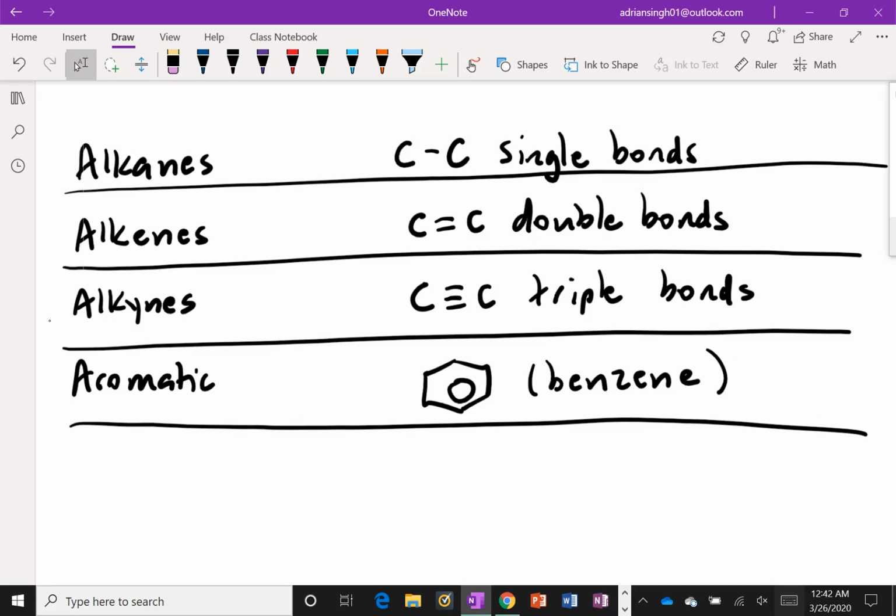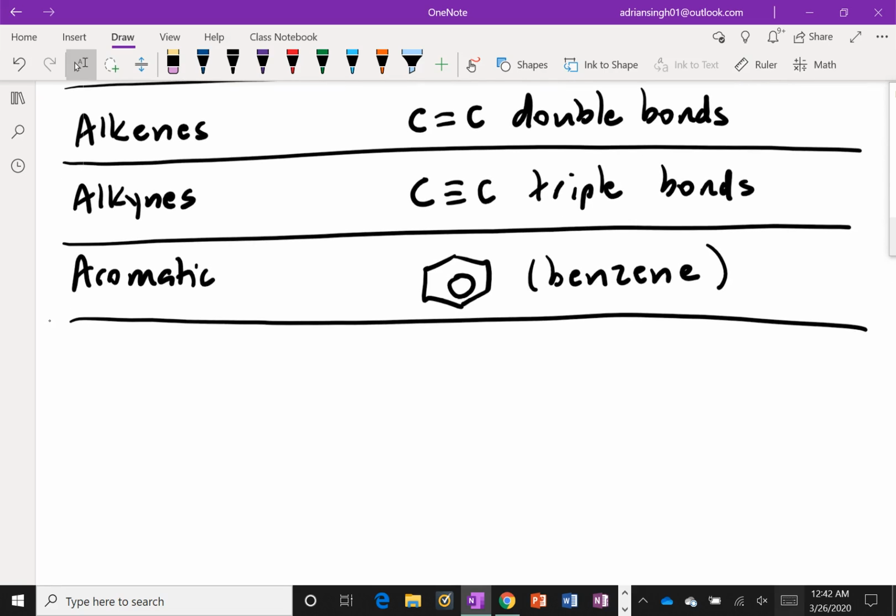So now we're going to take a look at some of the other functional groups that we're going to see that contain atoms other than carbons and hydrogens. All right, so the first one that we're going to see here are things known as aldehydes.